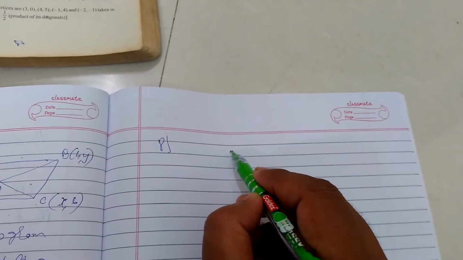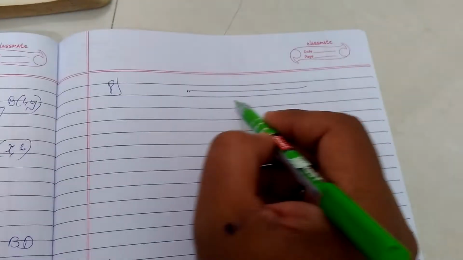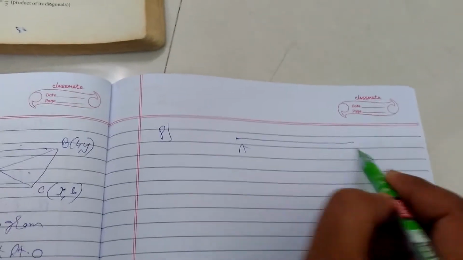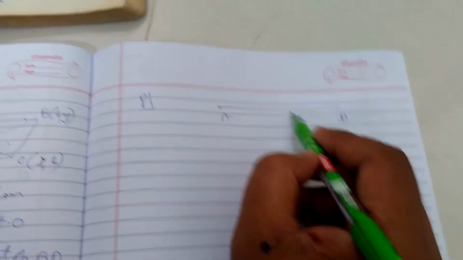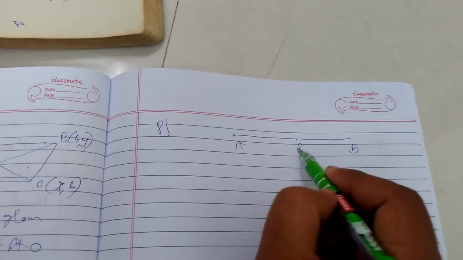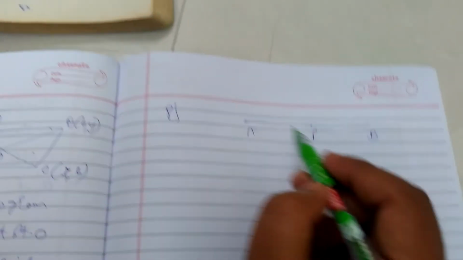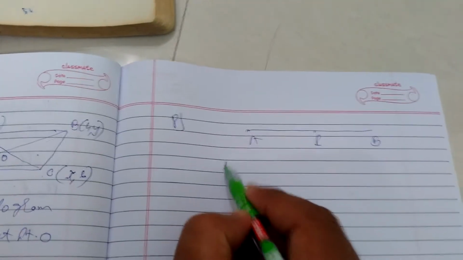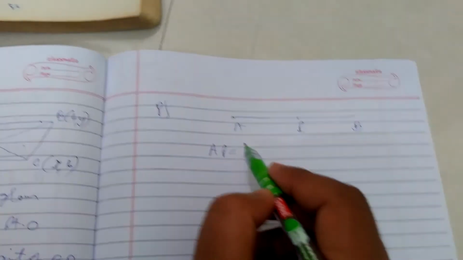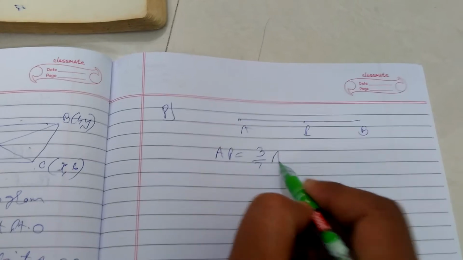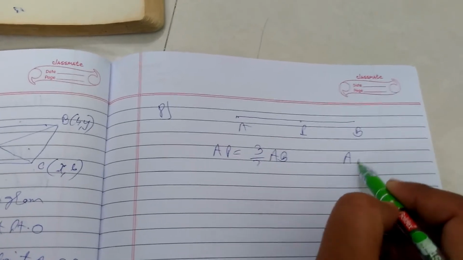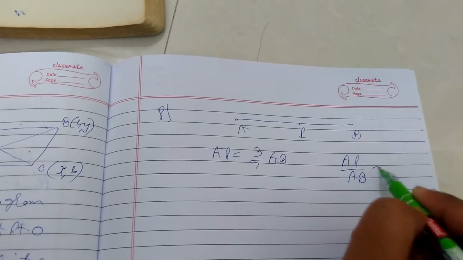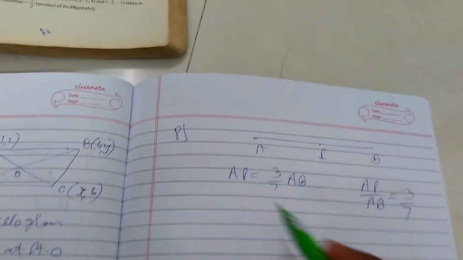It is our line segment, its name is AB, and P lies on the line segment, means point P is here. Here AP is equal to 3 by 7 AB, or we can write AP upon AB is equal to 3 upon 7.